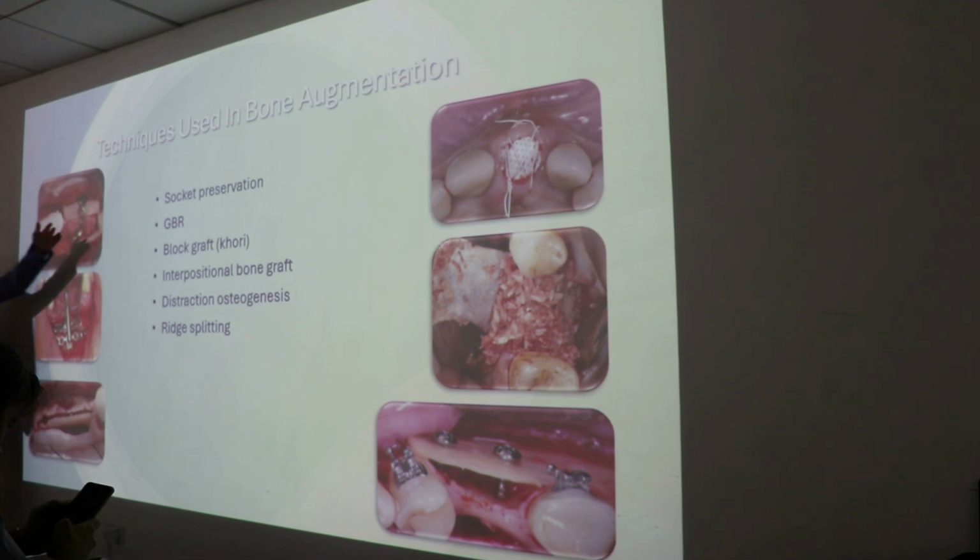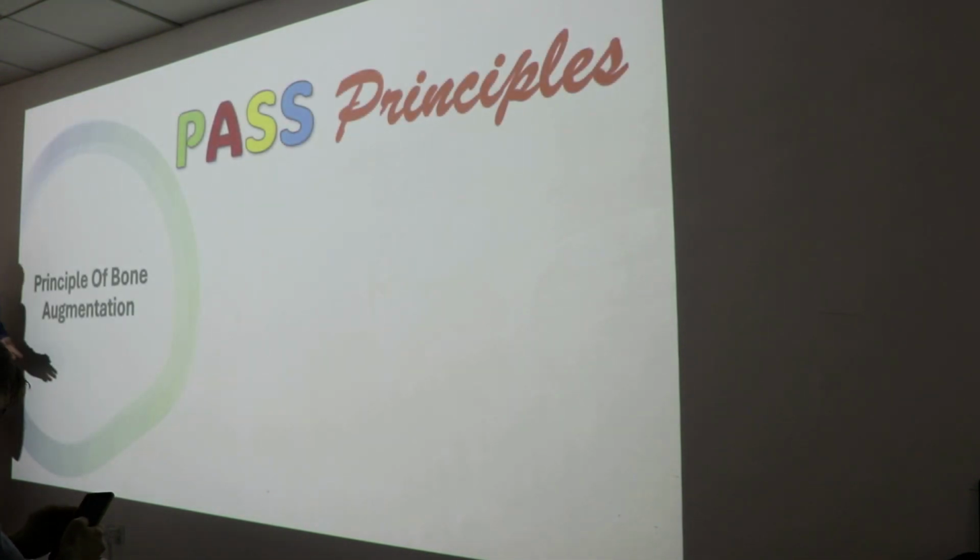Actually, for each one of these techniques, we can make a whole lecture or a whole workshop. So this is, let's say, an introduction to them. Now, the next subject is the principles of bone graft.